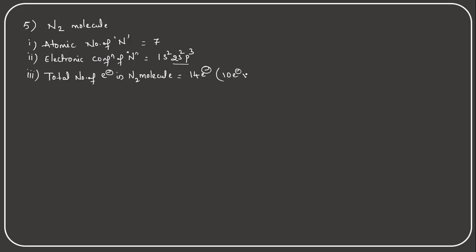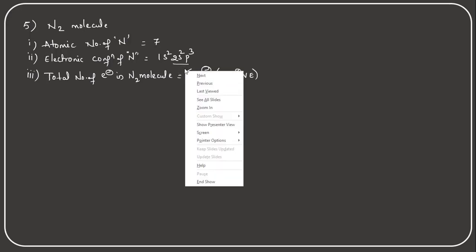These are only the valency electrons of nitrogen, and those are the total electrons. Whatever we take, it is either 14 electrons or 10 electrons. So here it is better to take the 14 electrons.